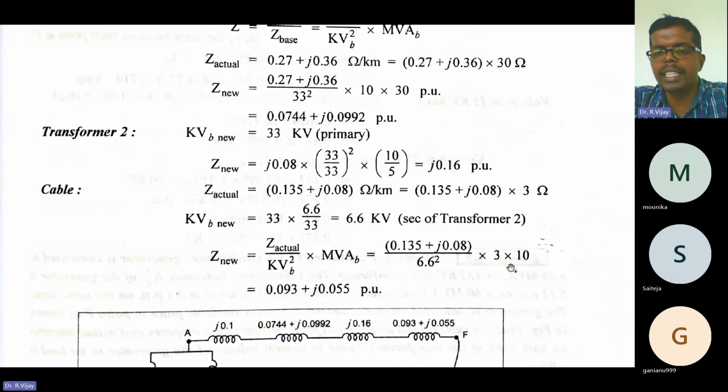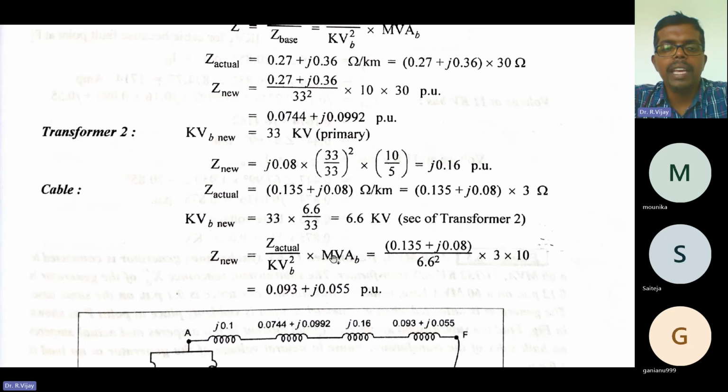MVA base is 10 MVA, that you already know. Just simplify this. You'll get the answer as 0.093 plus J into 0.055 per unit. So Z pu is equal to 0.093 plus J into 0.055 per unit.